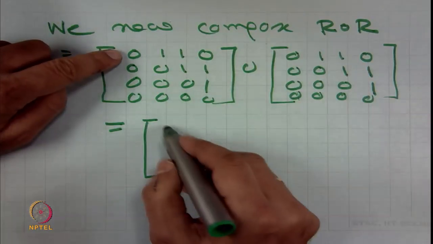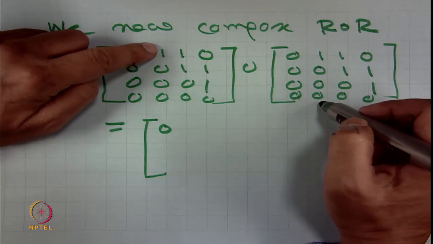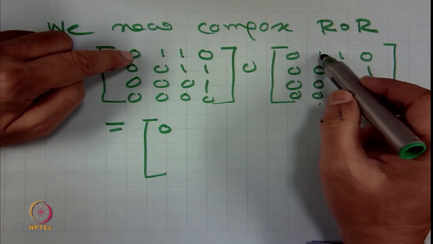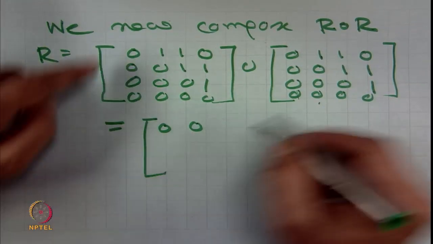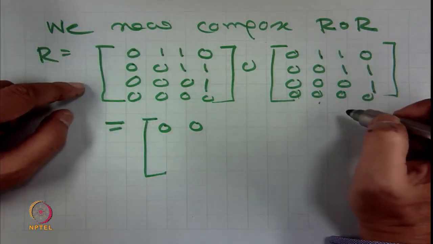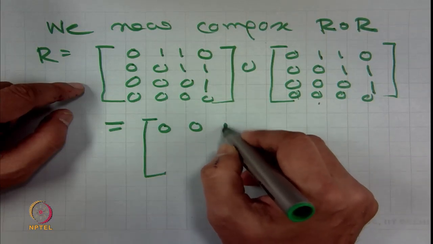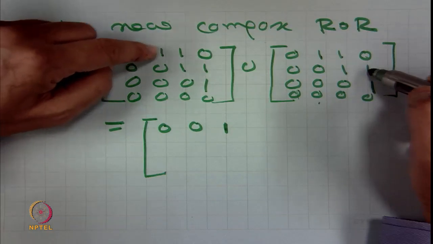This is all 0, this is all 0, this is 1, and the minimum of these two is 1.